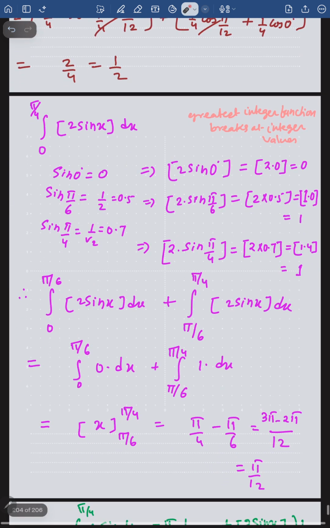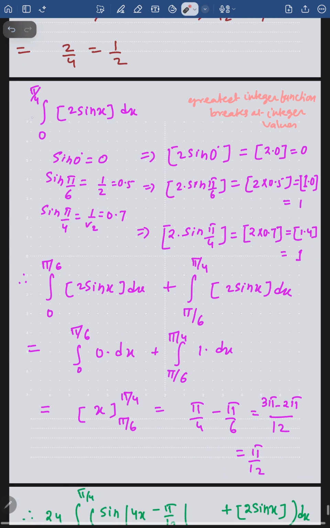Now we will solve the second part: integration from 0 to pi by 4 of the greatest integer function of 2 sin x. The greatest integer function breaks at integer values, and here sin 0 is 0, sin pi by 6 is 1 by 2, that is 0.5, and sin pi by 4 is 1 by root 2, that is 0.7. So what will its value be in different intervals of the angles?